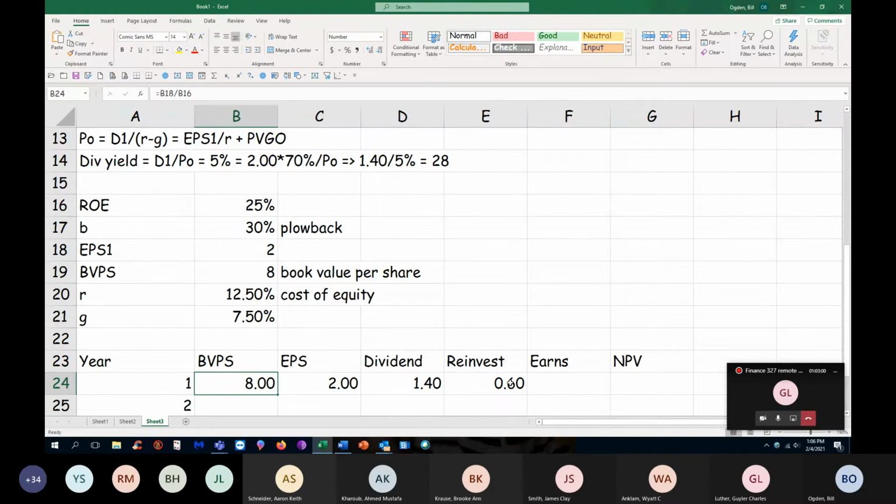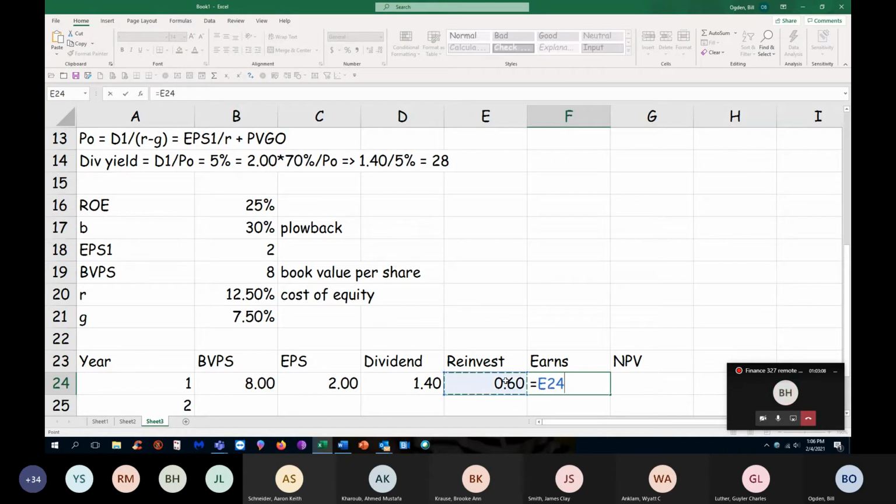And it will also earn 25%. So this 60 cents will also earn the ROE. It's no different than this $8. So it's times the ROE. Now you want to lock that, of course. There we go. And it earns 15 cents.